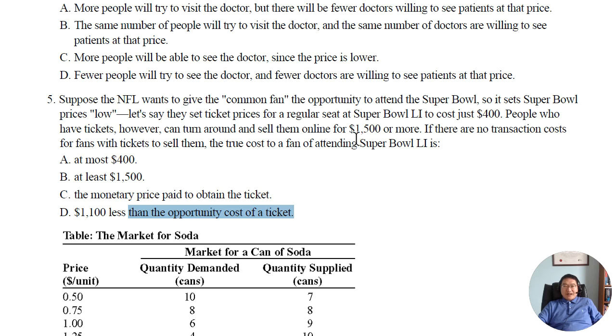He actually gave up a total of $1,500 or more to attend the game. So it doesn't matter whether this person got the ticket at $400 or at the market price. The opportunity cost of attending the game to a fan, the true cost, is $1,500 or more. That is question 5 in homework 5.